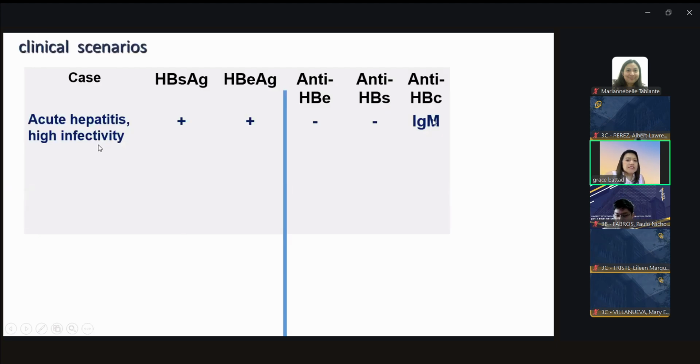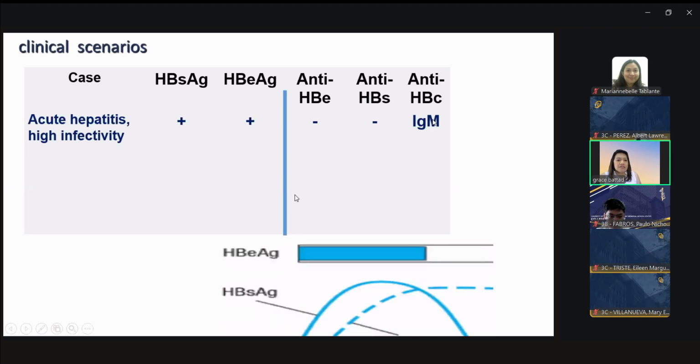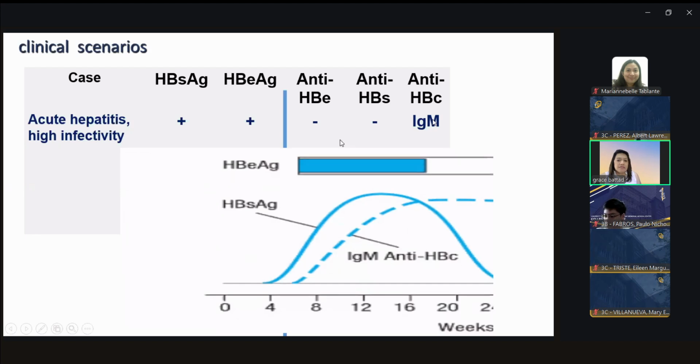So for this, if you have an HBs positive, and you have an E, there's active viral replication, and you have an IgM, acute. So this is acute hepatitis with high infectivity.